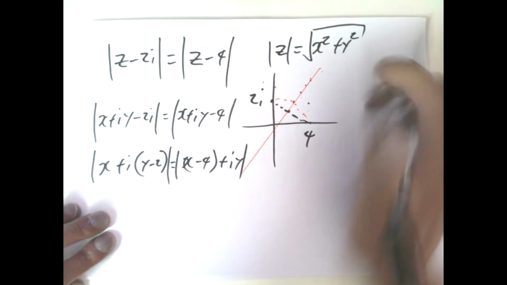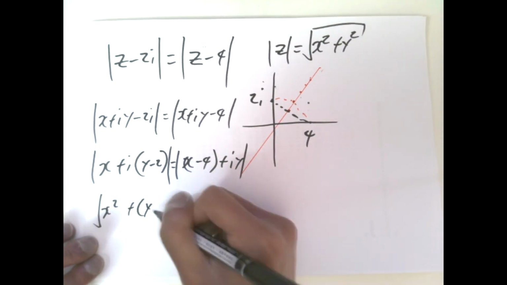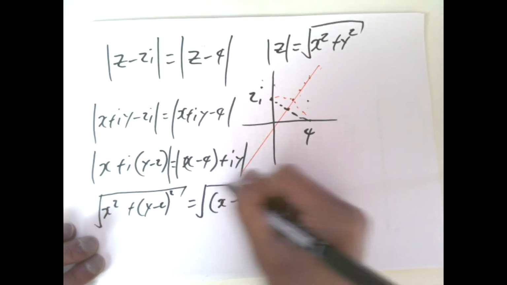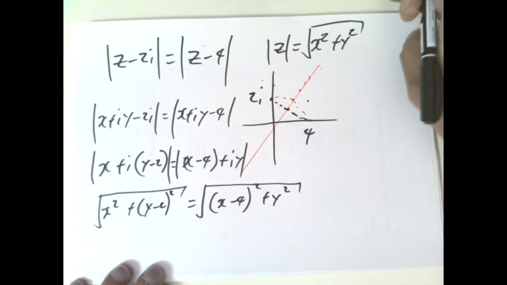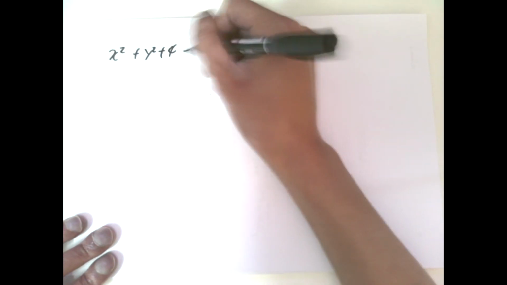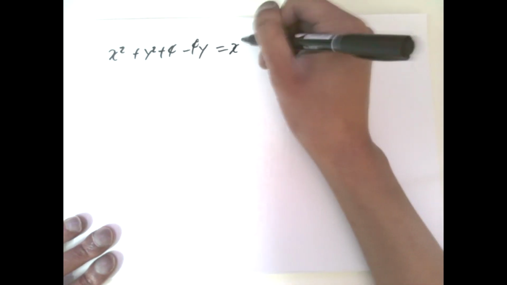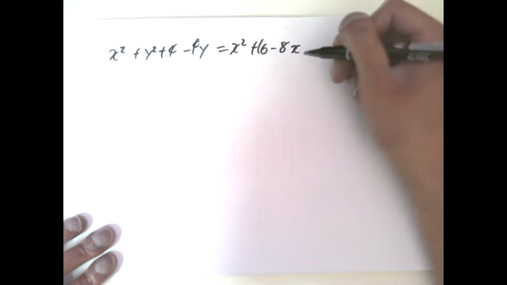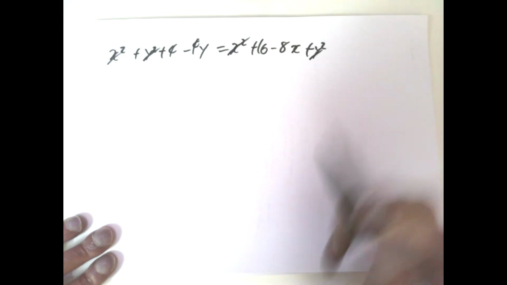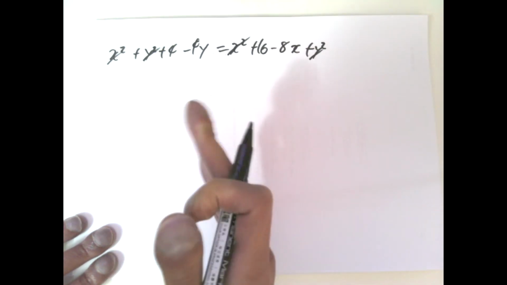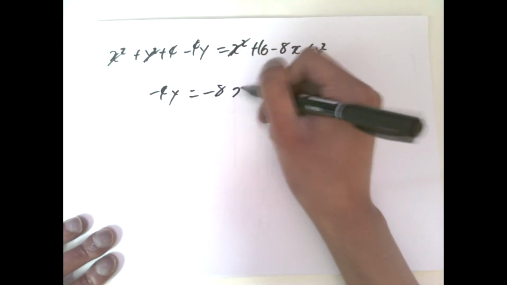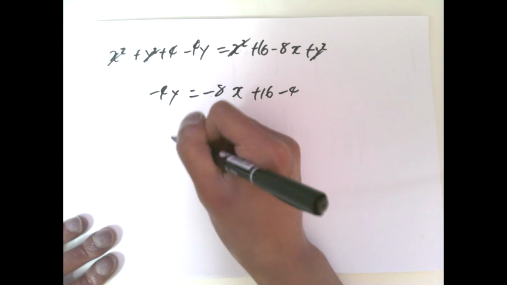Using this identity. Expanding and simplifying. This and this goes off, this and that goes off. Putting all the y's to one side and all the x's to the other side. Simplifying further.